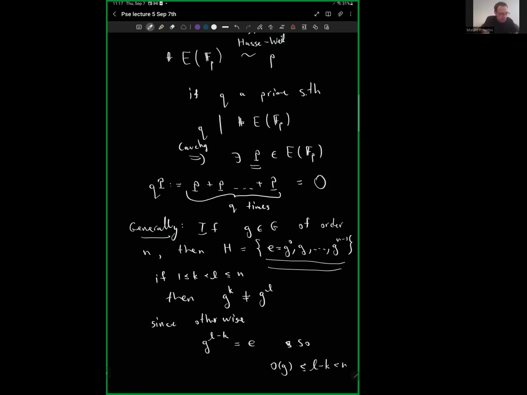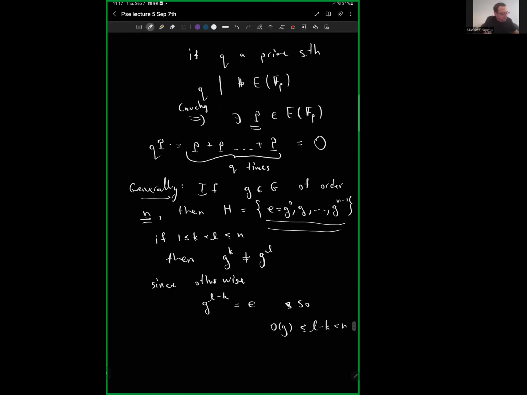This is all to say that if you have an element g of order n, then you can look at the set of all non-negative powers of this element, and you get a set of size n, from 0 up to n minus 1.